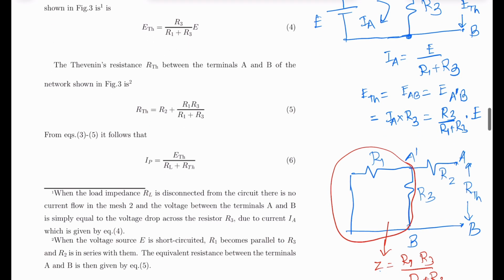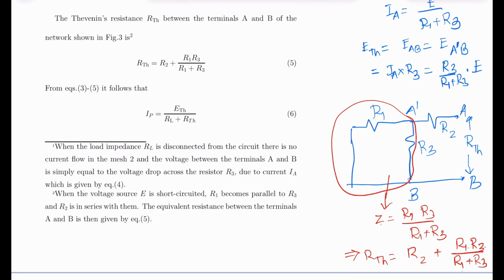If I assume that the resistance between A dash and B is Z, then Z will be R1 R3 upon R1 plus R3. So the Thevenin's resistance between the terminals A and B is simply the resistance R2 plus the resistance of this part. This is R2 plus Z, and if you put the value of Z here, RTH is R2 plus R1 R3 upon R1 plus R3.